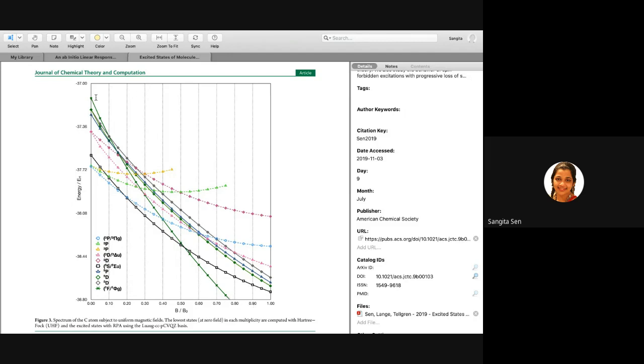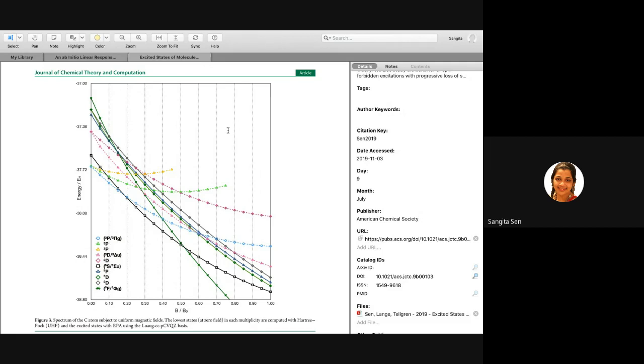But look at this at zero field. It's a really high excited state. So ground, then 1, 2, 3, 4, 5. So it's the fifth excited state. But when your field strength is a little more than 0.5, it has become the ground state.